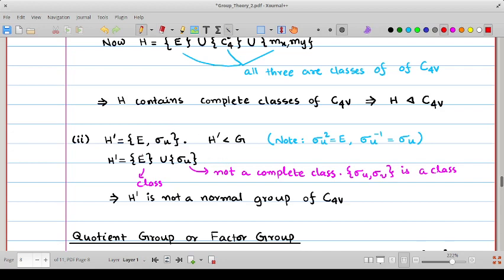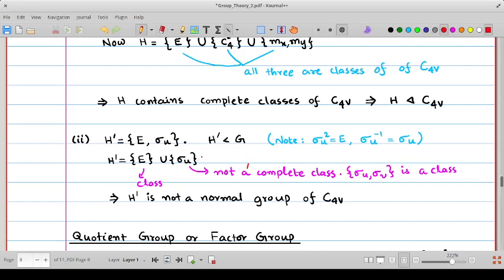And next we can see that this can be written as a union of two sets: E and the set containing a single element sigma U. But E is a complete class, but sigma U is not a complete class. The conjugacy class of sigma U is in fact sigma U comma sigma, so this is not a complete class.